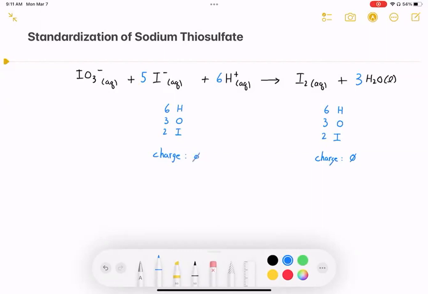But we're not balanced yet because now we have 6 iodine atoms on one side, so we need to put a 3 in front of this I2 here. That will give us 6 iodine atoms here. So finally, we are balanced. That's our balanced equation for the first one. Now let's do the second one.